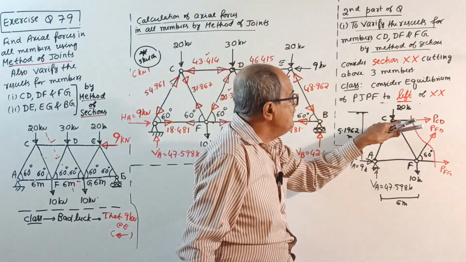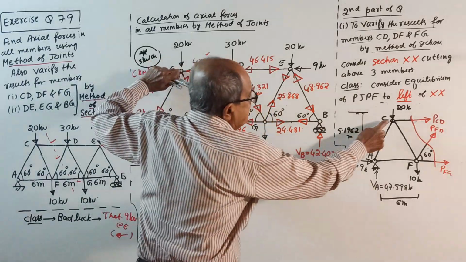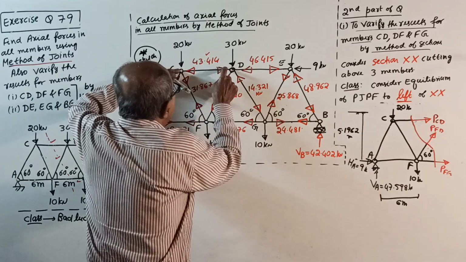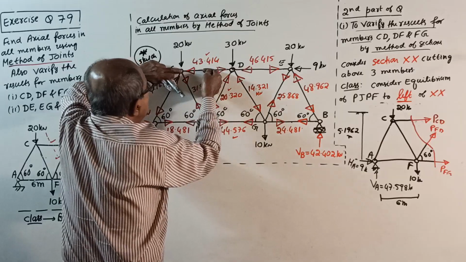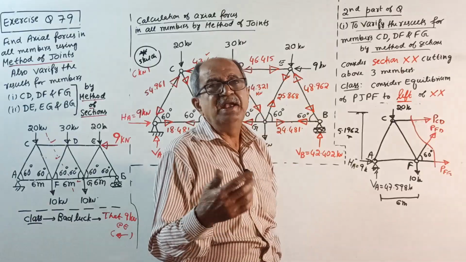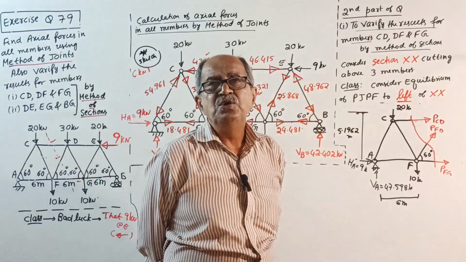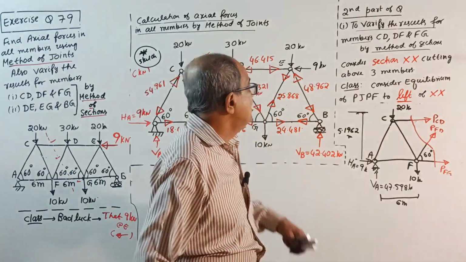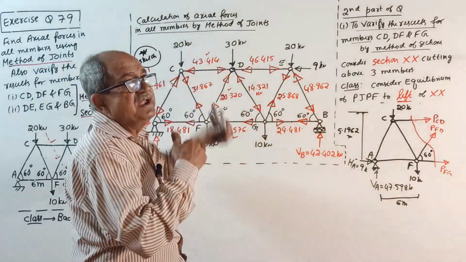If you take it away from the joint, negative will come, no doubt. But the person who told you to verify, what will he feel? You already know the answer, and we are verifying it.